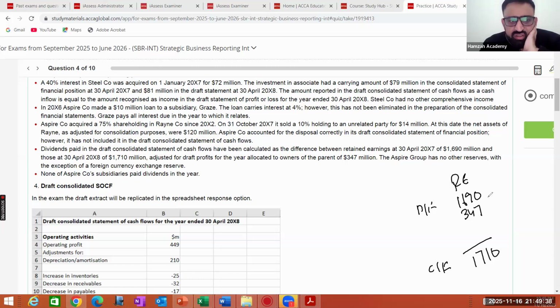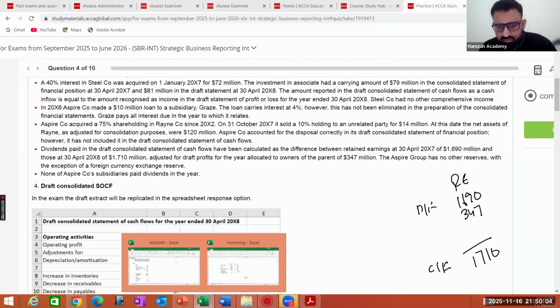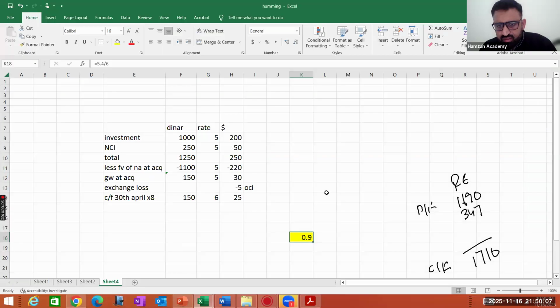Aspire company has no other reserve with the exception of the foreign currency exchange reserve, and none of Aspire company's subsidiaries paid a dividend. So with these differences, they have calculated the dividend payment. So if I use the calculator, maybe you will find something.